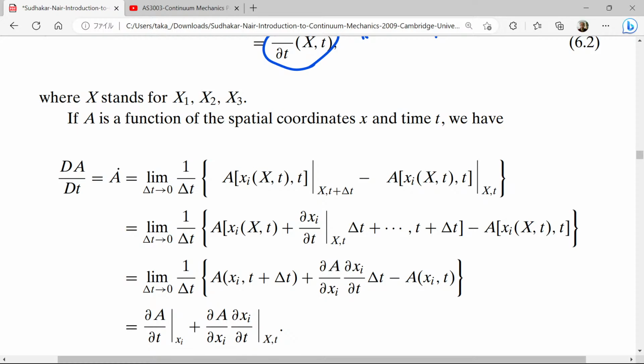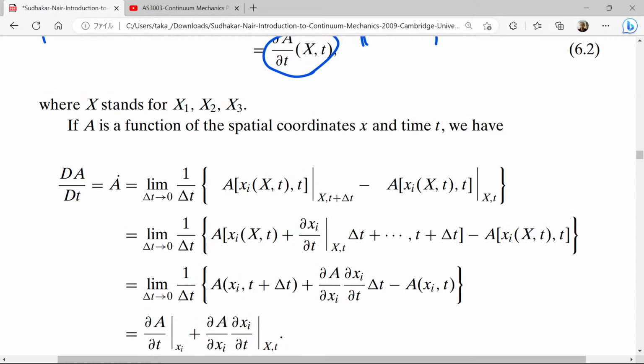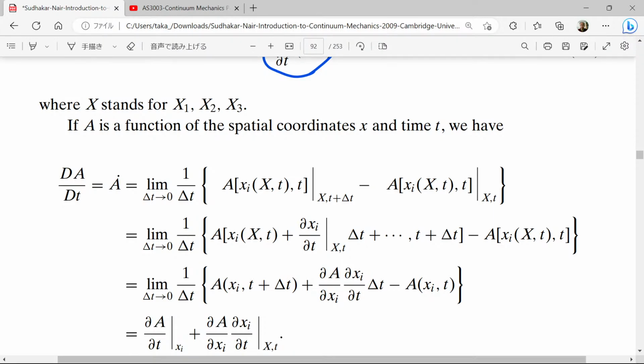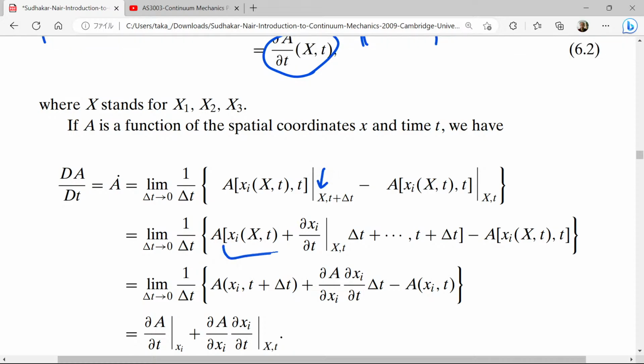See, if you fix large X, here you fix large X, but small x may change this much.